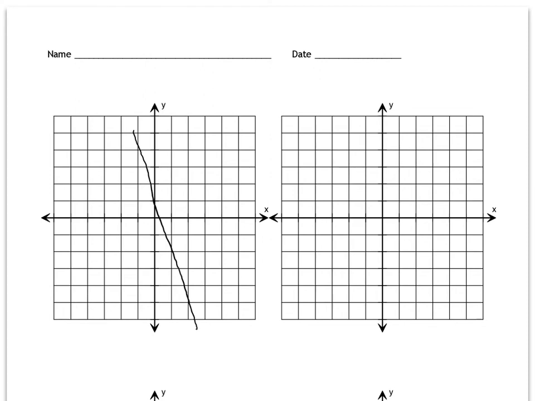Try to use a straight edge. I can't use a straight edge on my iPad here. That goes like this, and we're going to call this line A. And then draw another line that goes about like this, and we're going to call this line B. Go ahead and get those two lines down. Again, they don't have to be exact, just close.